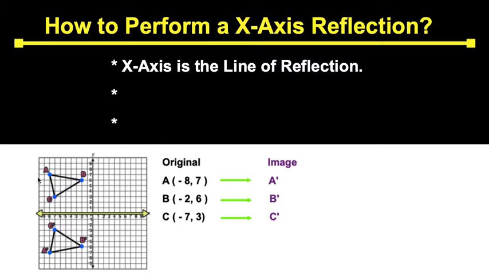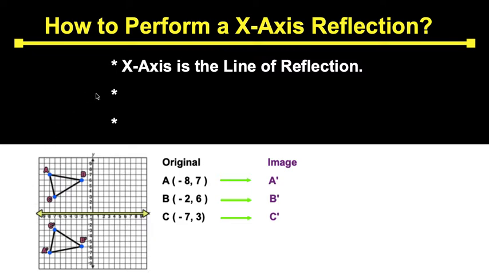We have points A, B, C that form a triangle, and here are the ordered pairs of points A, B, and C. Now, since this is an x-axis reflection, you're going to notice that this triangle is going to have a mirror image below the x-axis.